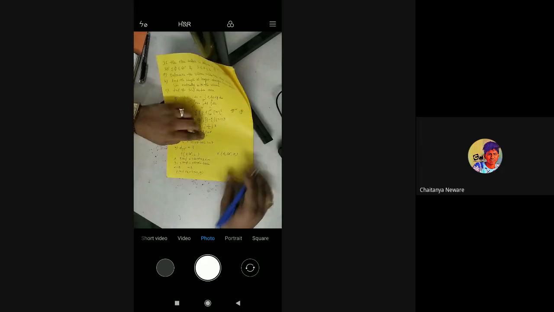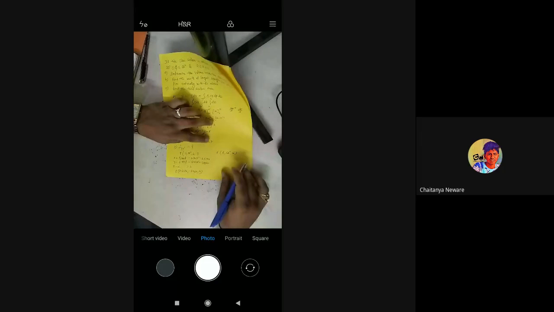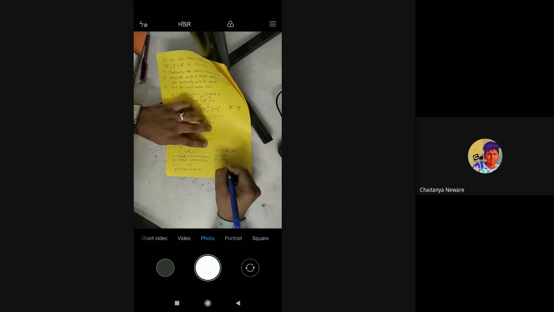Then we have to find the Cartesian coordinate of P dash. Here x is equal to rho cos phi, y is equal to rho sin phi.